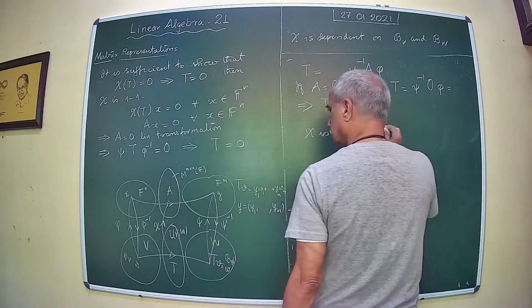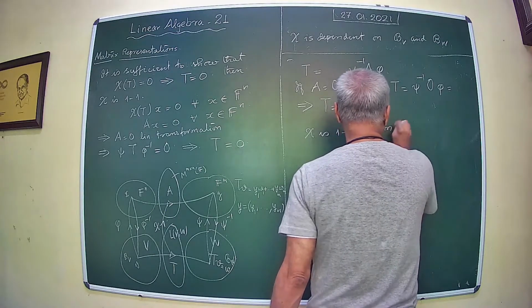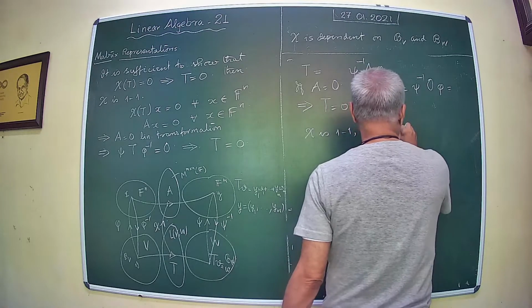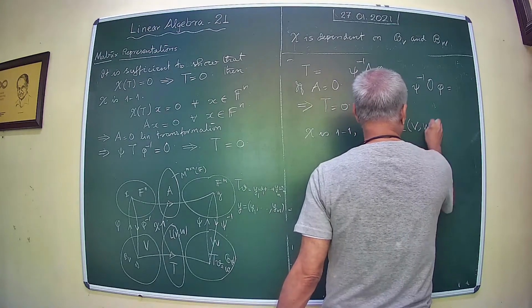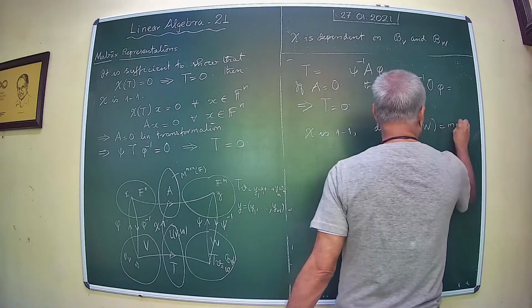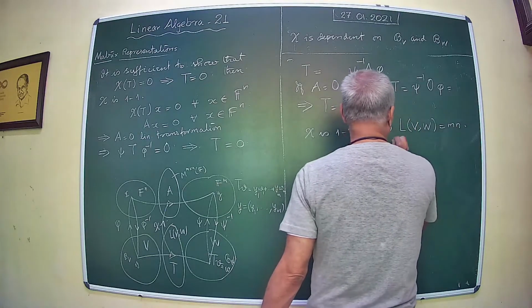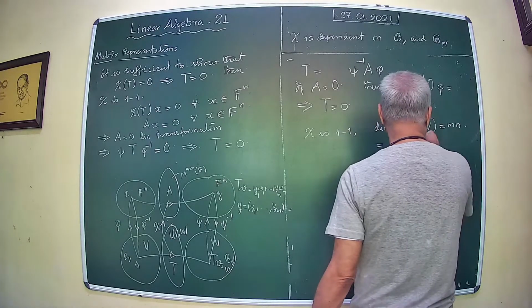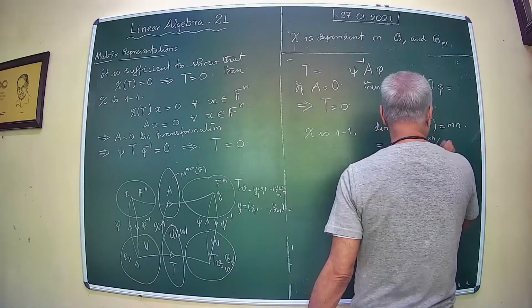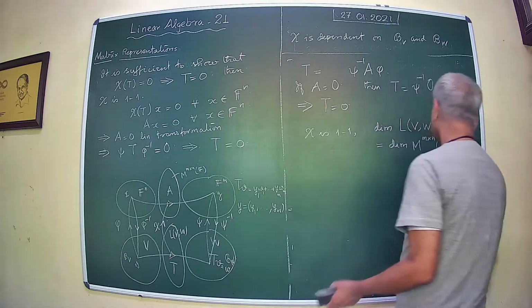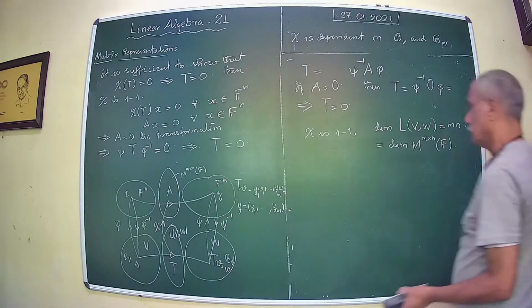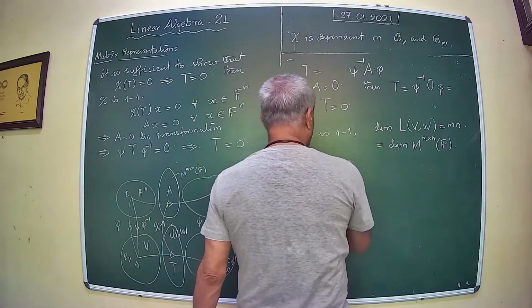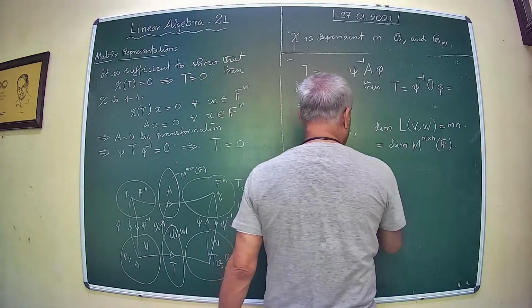And dimension of LBW equal to M times N. This is also equal to dimension of M cross N F, which implies chi is also onto.